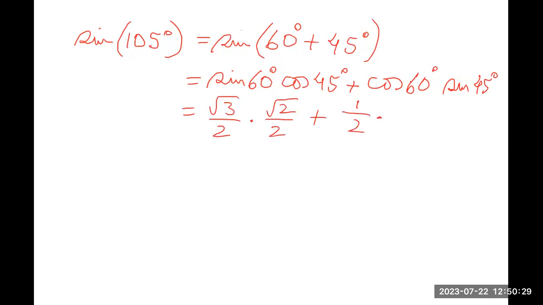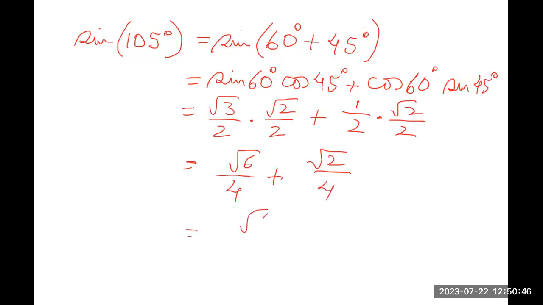Sine 45 is √2/2. So this is √3 times √2, which is √6/4, plus √2/4. So this adds up to (√6 plus √2)/4. So that's the exact value of sine 105 degrees.